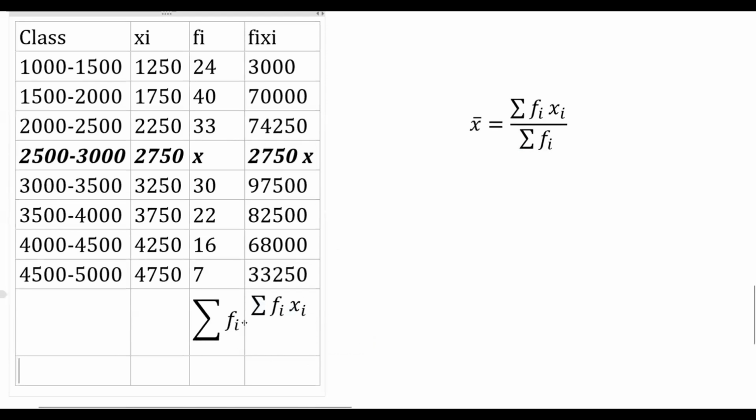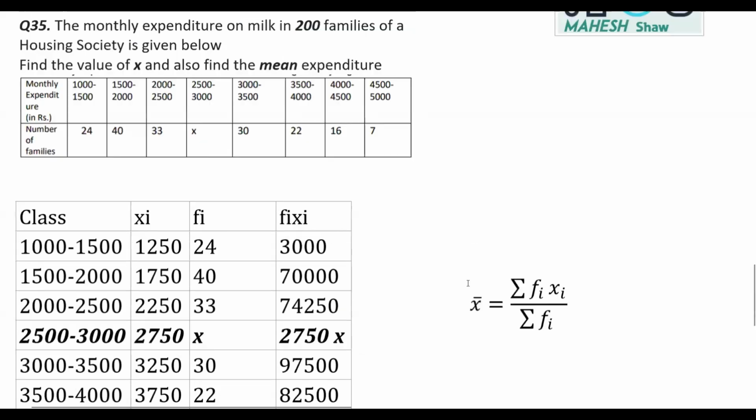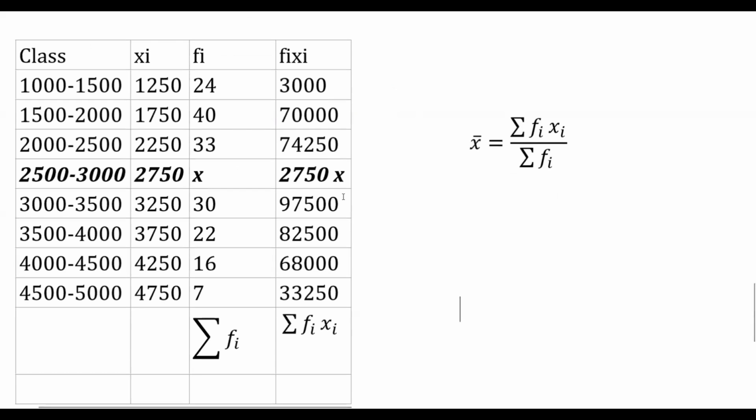Now check, in order to get the value of sigma fi, we can go to the main table where the sum is given, right? It was given the total sum as 200 families. So the sum of these will be 200. So we'll write this is equal to 200. Well, you should understand it properly.